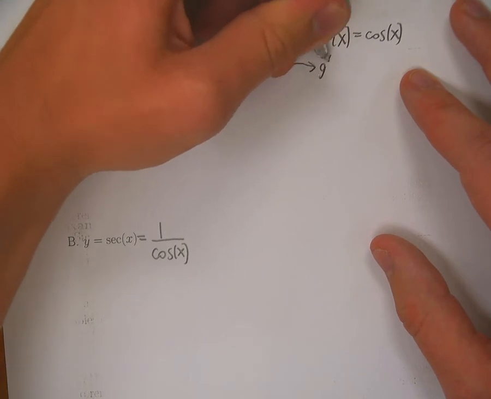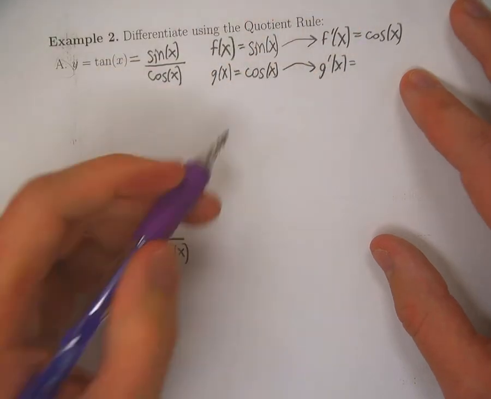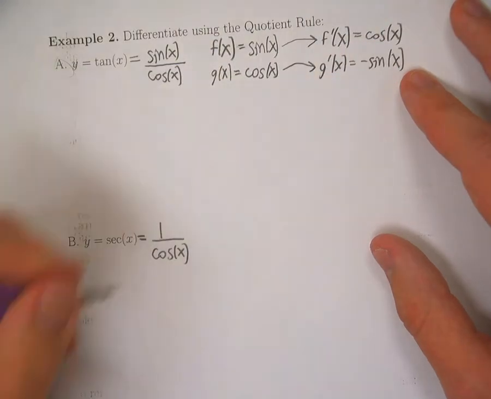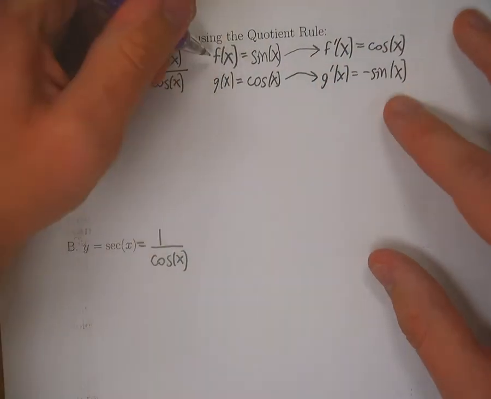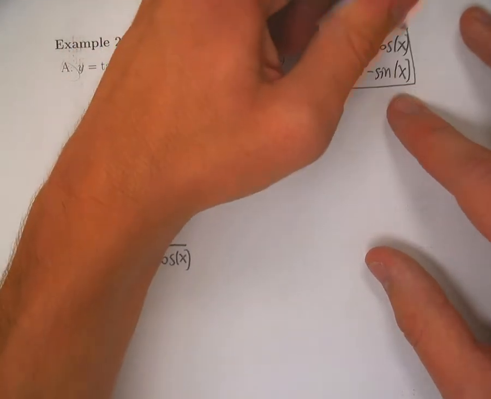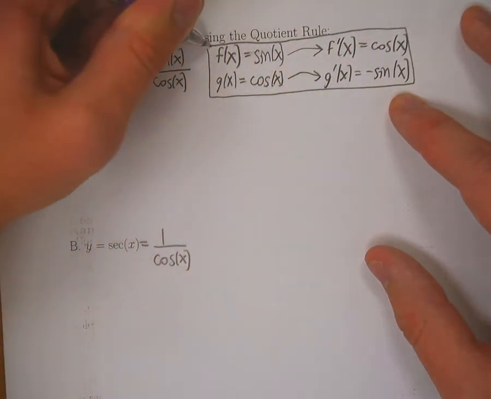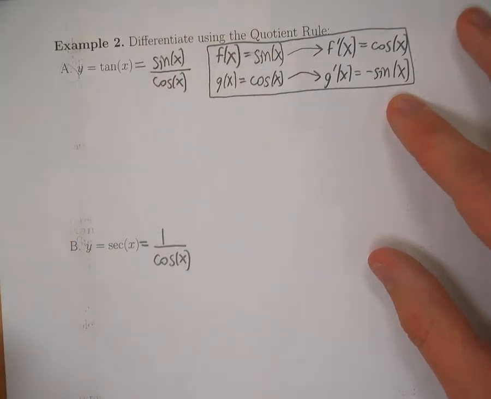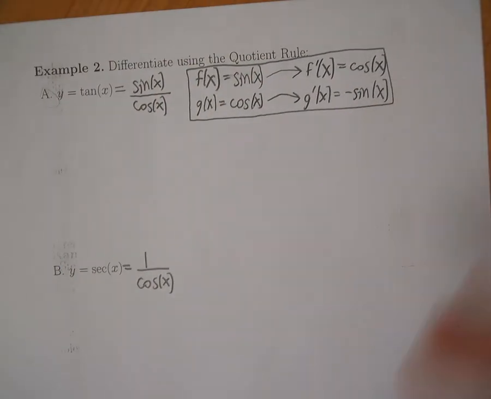And then g prime of x, meanwhile, is just negative sine of x. So, if we were to apply the quotient rule from these formulas here, what do we get out of this?